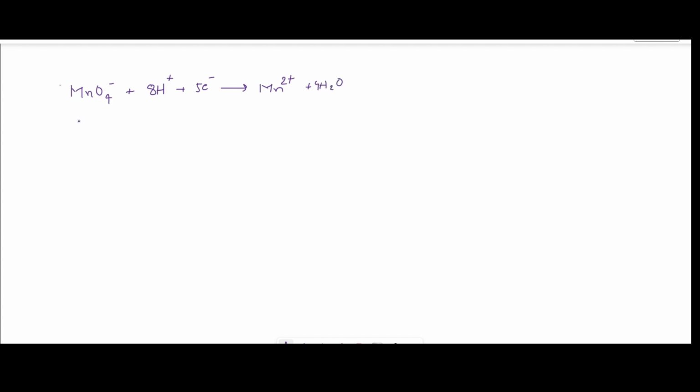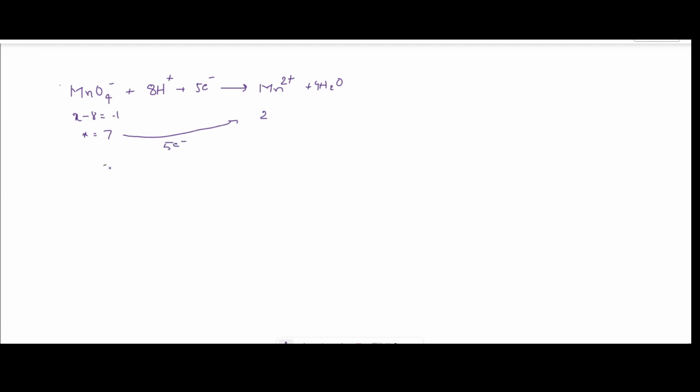Here, what is the oxidation number of manganese? +7, right? x - 8 = -1, so x = +7. Here it is +2. So how many electrons are transferred to become Mn2+ from Mn7+? 5 electrons.